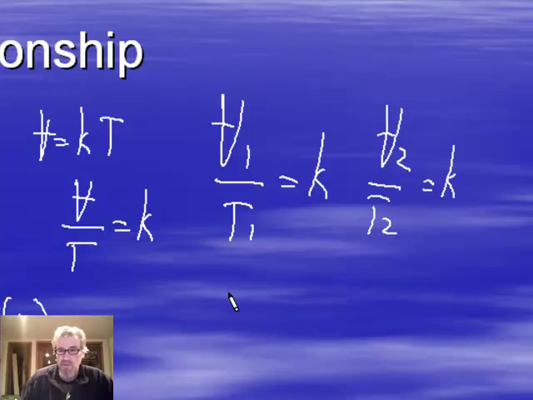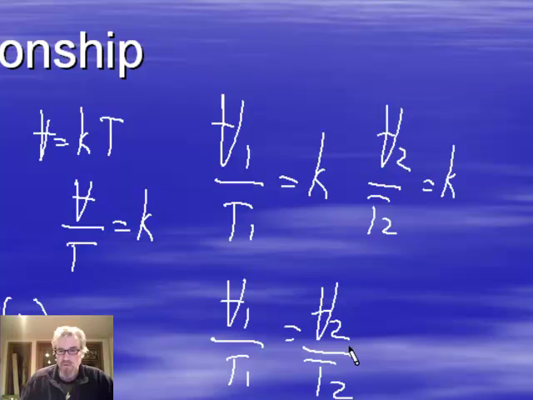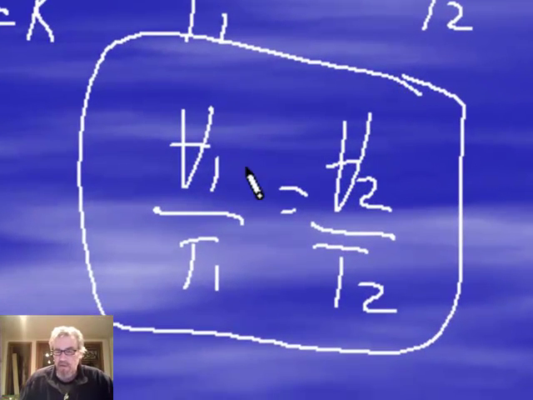But since they're both equal to the same constant, that means V1 over T1 is equal to V2 over T2. And there's the two-point form of Charles's law. This is a simple proportion. Cross multiply and divide to find the missing variable. That's a lot easier than dealing with a b in your equation, a y-intercept in your equation. And so that's why we always use Kelvin temperatures.